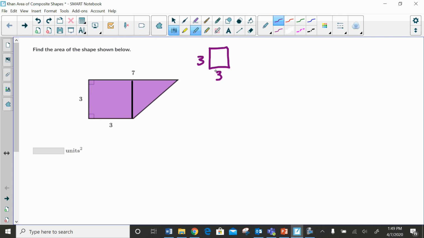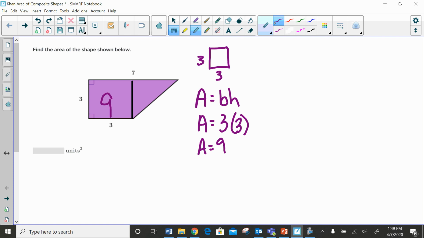Now I'm going to say area equals base times height. I'm going to substitute into my formula. This is going to be 3 times 3. And the area of this square is just 9 units squared. So I'm going to put a big 9 in here.